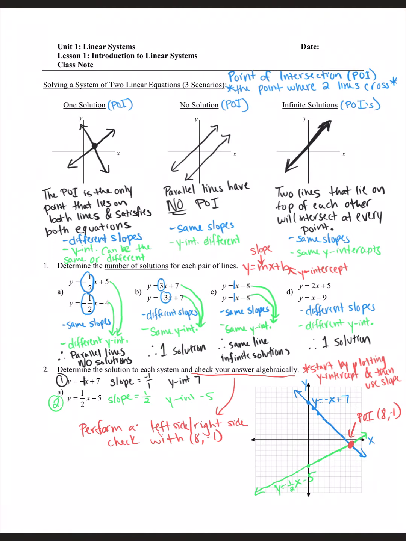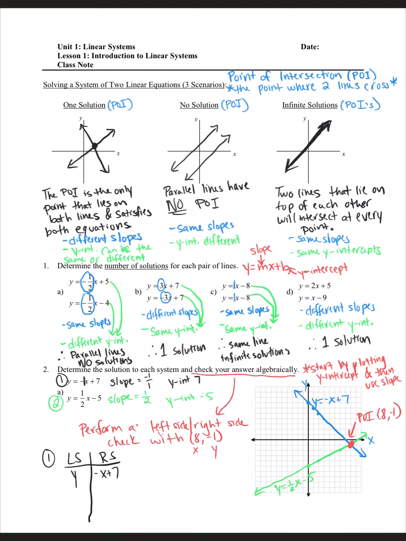So if we look at equation 1, right, and I'm going to draw a left side, right side t-chart here. The left side of equation 1 is just y, and the right side is -x plus 7. So anywhere I see an x, I'm going to plug in 8, and anywhere I see a y, I'm going to plug in a -1.